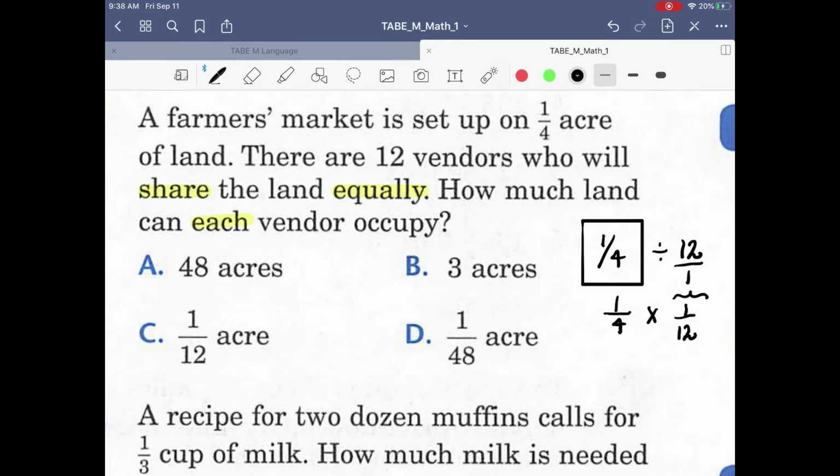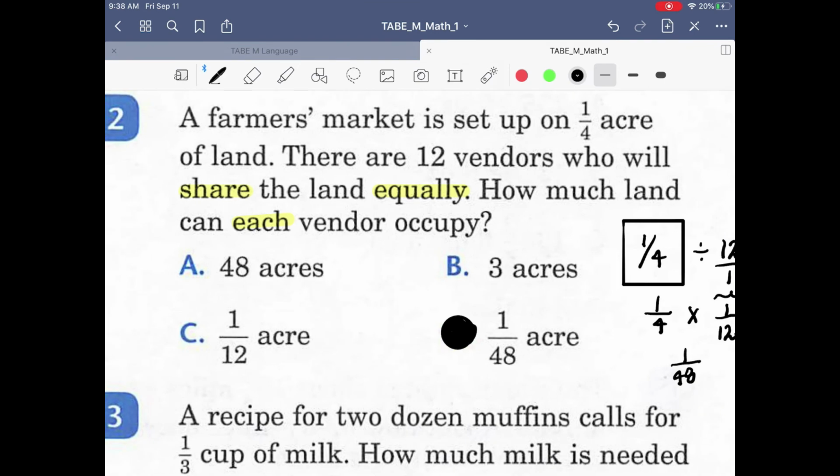Multiply 1 times 1. And then 4 times 12. So the answer that we want is actually D. Each farmer or each vendor gets 1/48 of the farmer's market land. So the answer to number 2 is D.